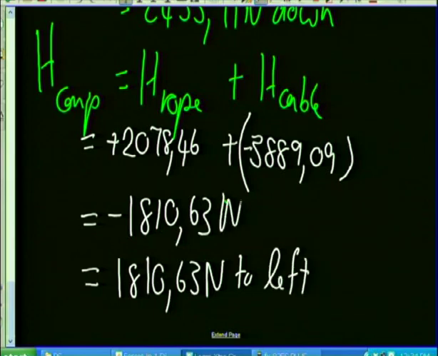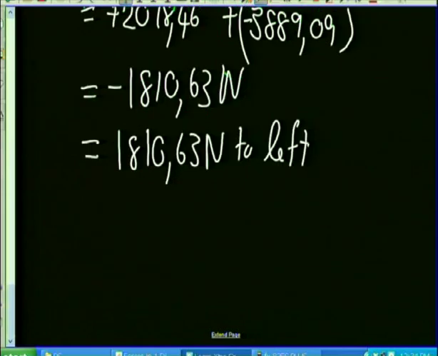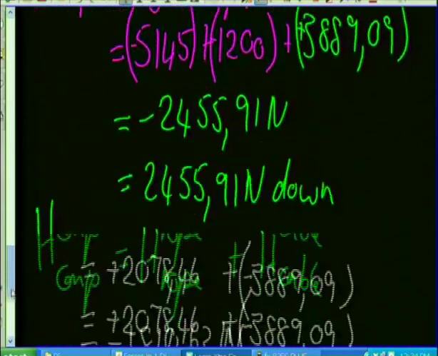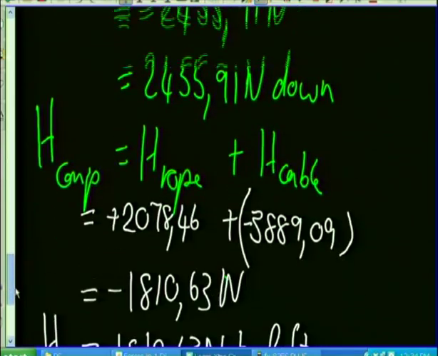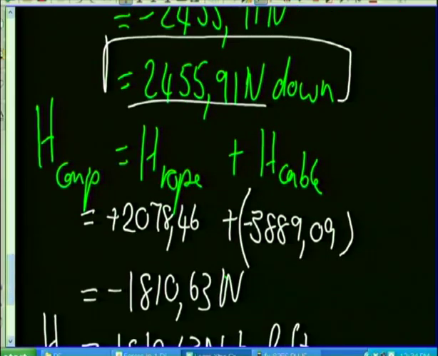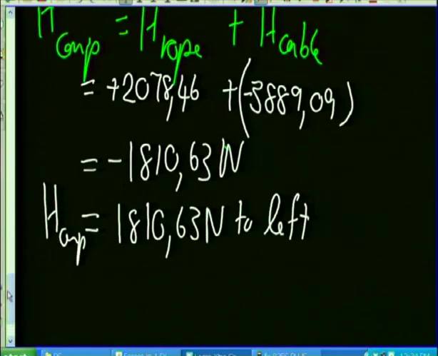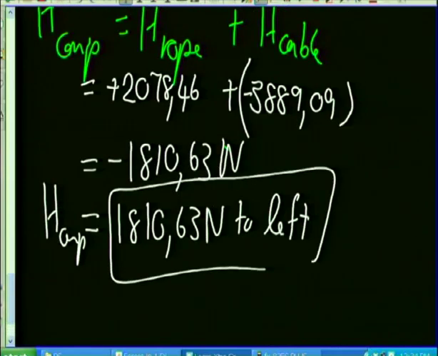So all that remains now is that we've got a horizontal component and a vertical component. We've added the sum of the vertical components and we've got that number, and we've added the horizontal components and we get that number.